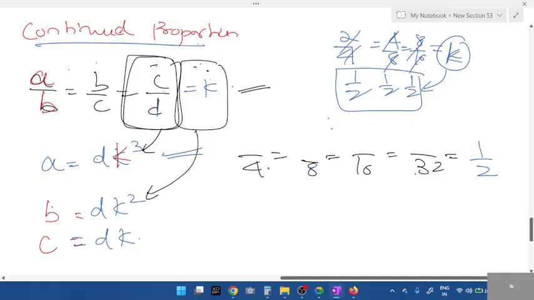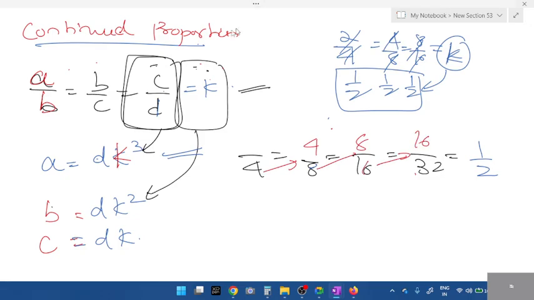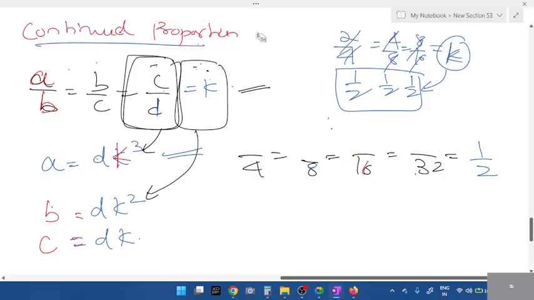B is very easy to find. See, all these values will get repeated: 4, 8, 16. Fine. Just for an example, if values are not given like this, and they ask you to find the A value, A is equal to D into K cube. No, D is 32.